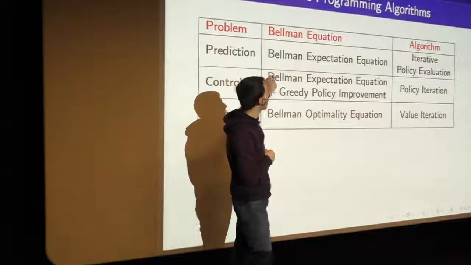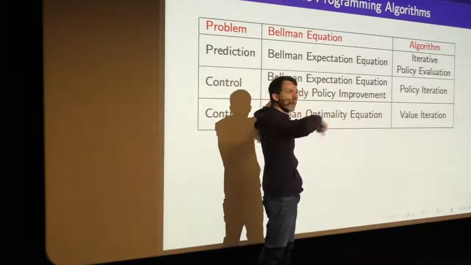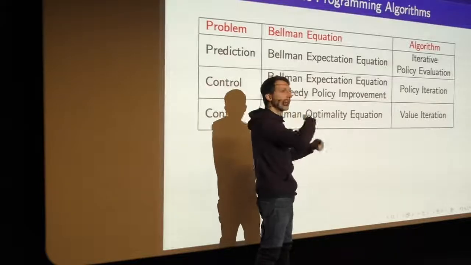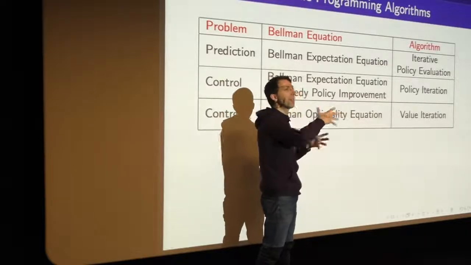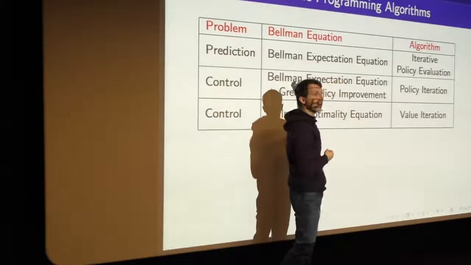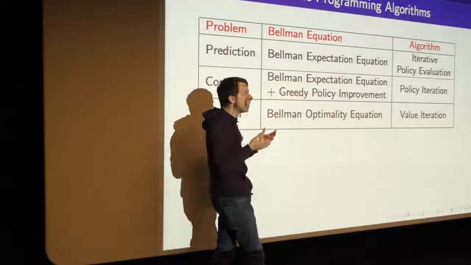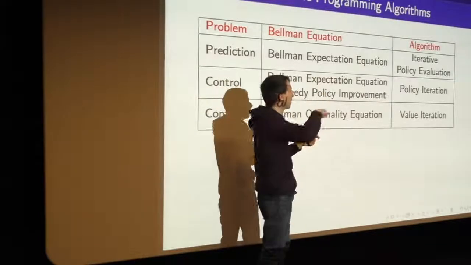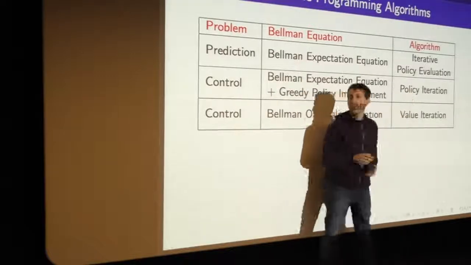The first approach was to again iterate over the Bellman expectation equation to evaluate your policy, but then to alternate that process of evaluation with a process of policy improvement. So that was policy iteration: we first use the Bellman expectation equation to solve for V pi, and then we act greedily with respect to V pi to give us a new pi. We alternated that process, and that gave us the policy iteration algorithm.